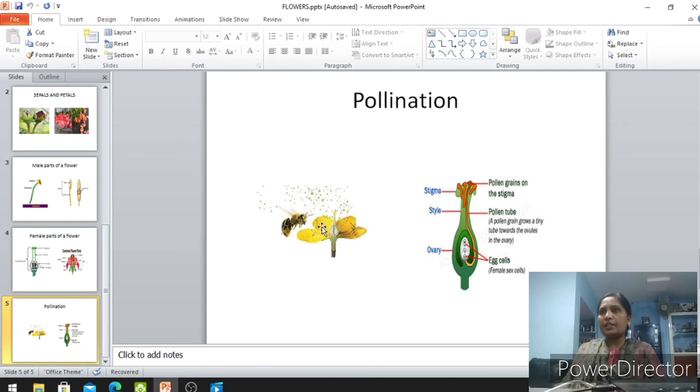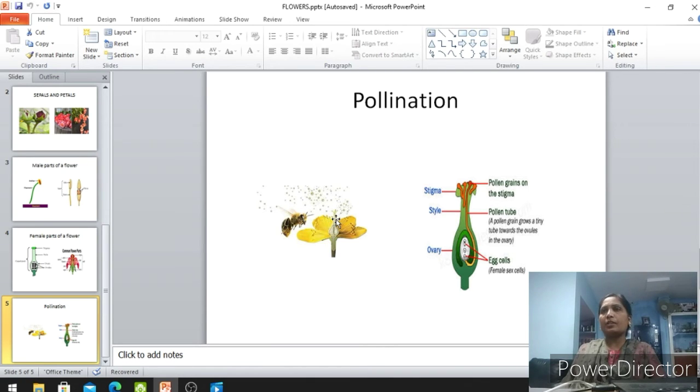In this pollination process, the insects are helping. Insects will visit different flowers to suck the nectar. Nectar is nothing but a sweet juice present in flowers. So for the purpose of nectar, when they visit, they'll sit on the petals, and when they are sucking the nectar, these pollen grains will touch their leg pads.